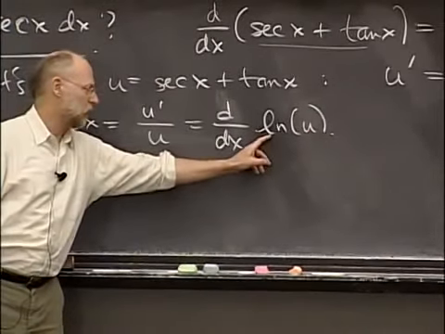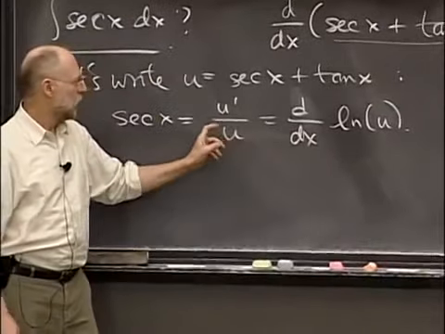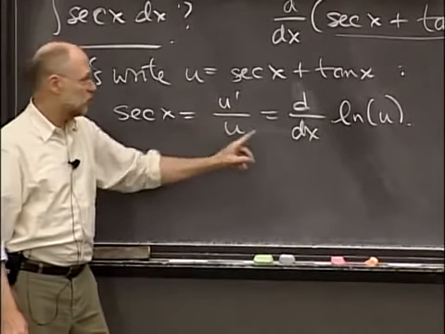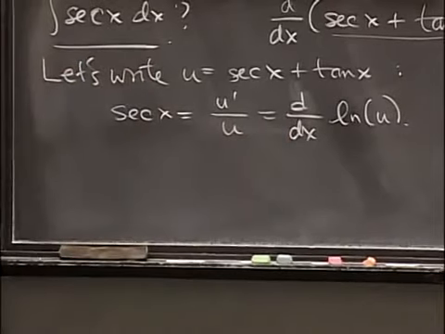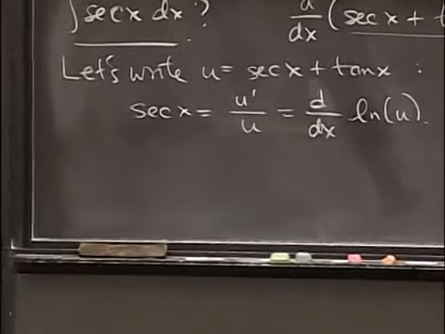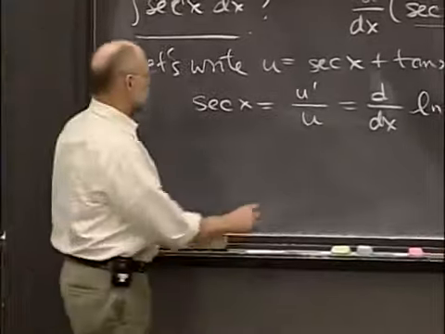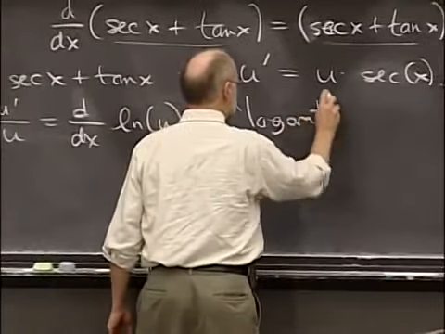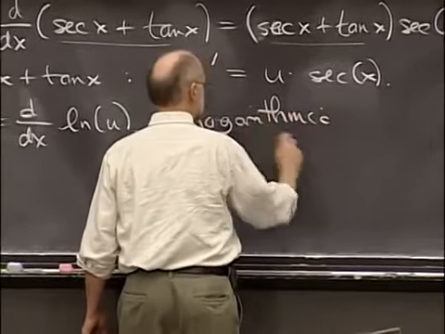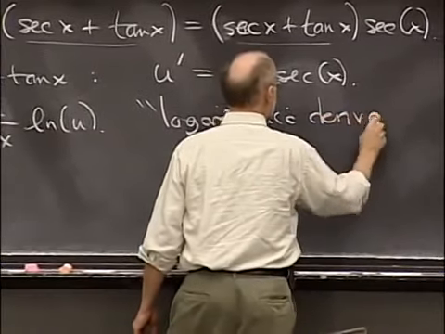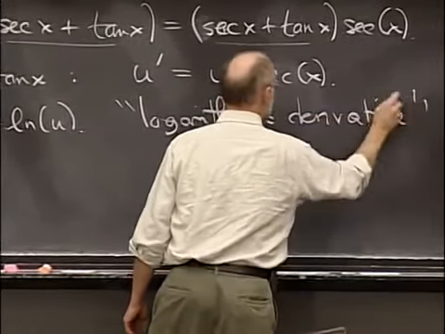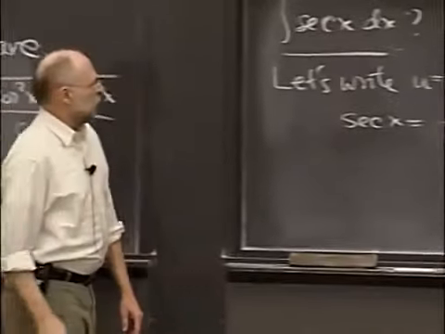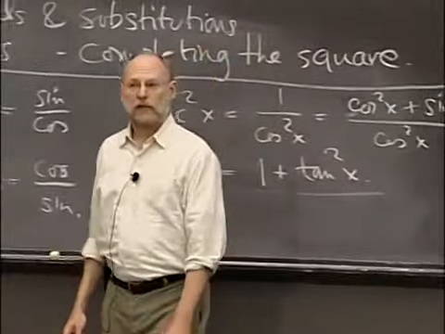If I want to calculate the derivative of the logarithm, the chain rule says I get the derivative of u times the derivative of the log function, which is 1 over u. So often u prime over u is called the logarithmic derivative. But it's done what I wanted because it's expressed the secant as a derivative.